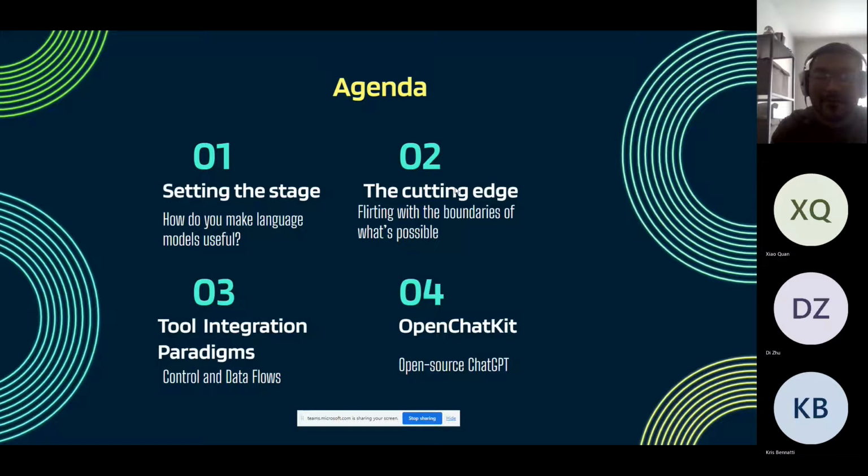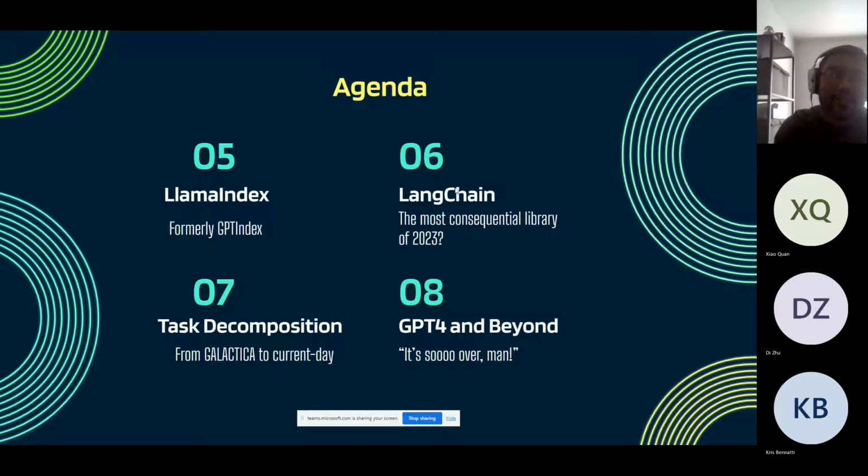And then I'll give a few specific examples, including OpenChatKit, LlamaIndex, which used to be formerly called GPT Index, LangChain, which might be the most important Python library in current times, and task decomposition, so how to break down a complex task into more manageable components. And then also a little nod to GPT-4 and how we can go forward from here.